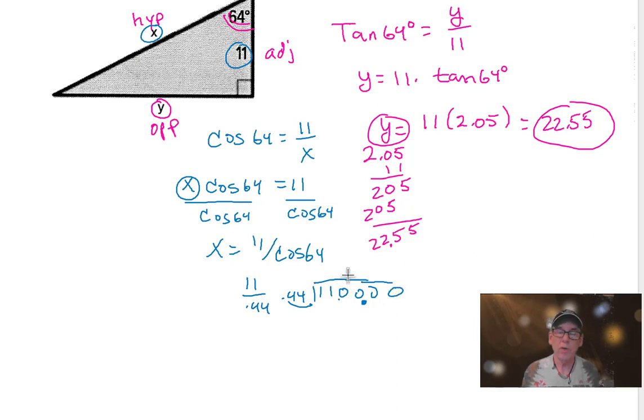So it goes 2 times into 110. That gives 88. Subtract, that gives 22. Bring down the 0. That goes 5 times. That gives us 220, with 0 remainder. So we get 25.0. So x equals 25.